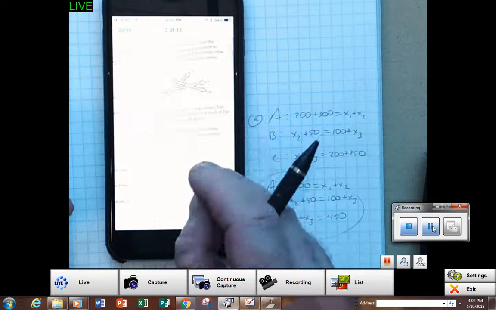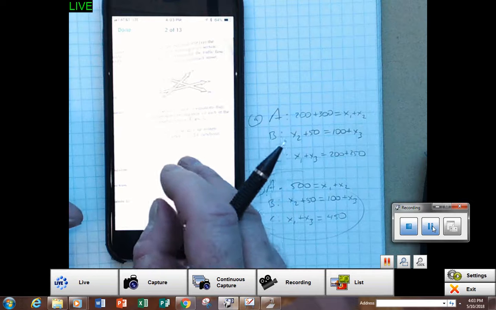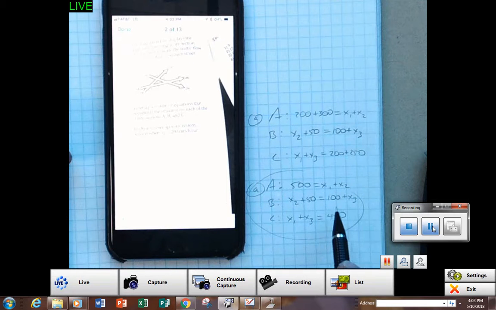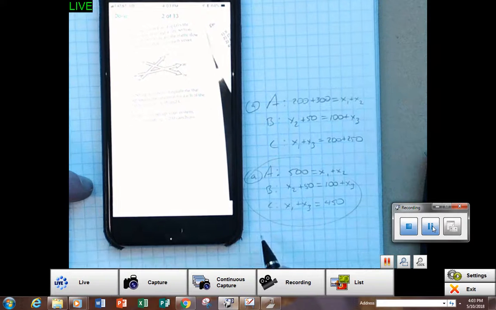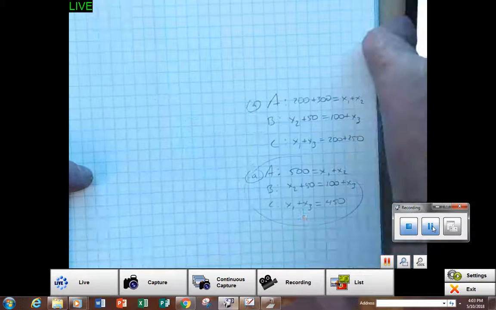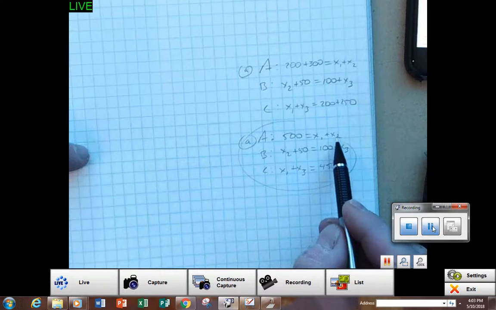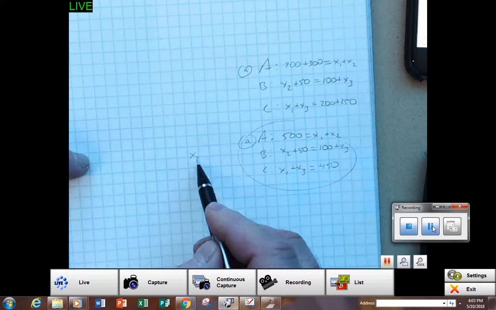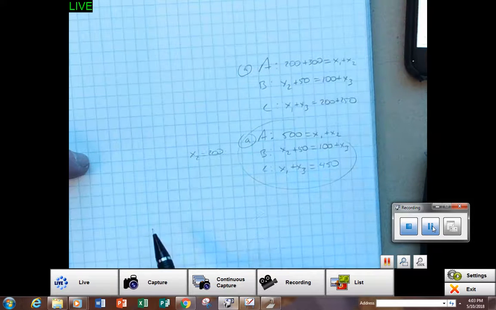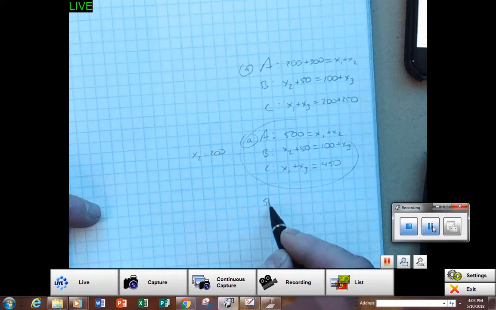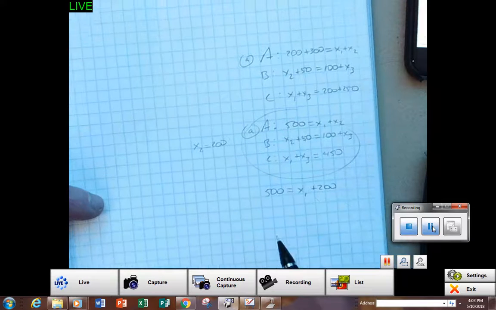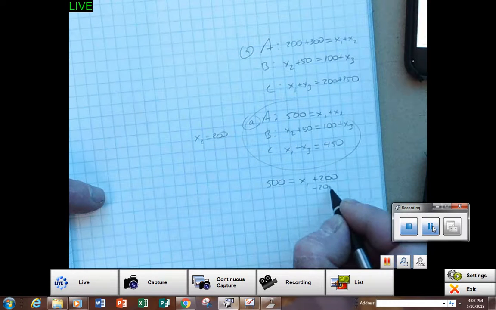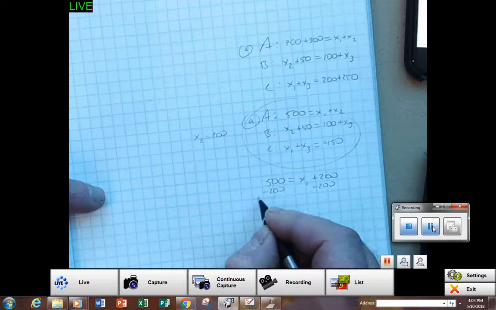Part B has you plug in x2 is 200 and try to find the other variables. So when I plug in 200 right here, which is x2, I get 500 equals x1 plus 200. So if I take away 200, that will give me what x1 has to be.